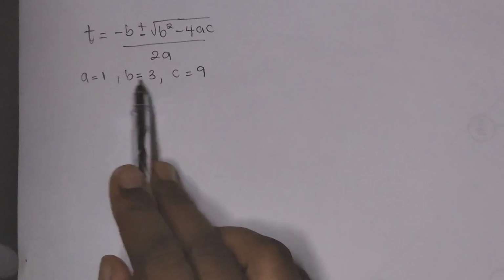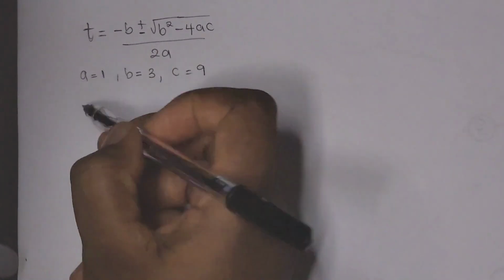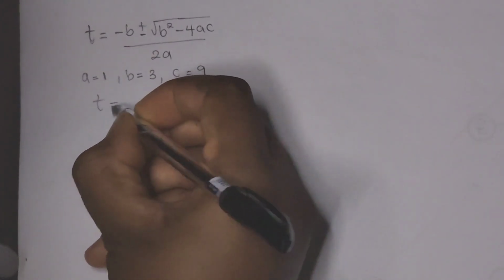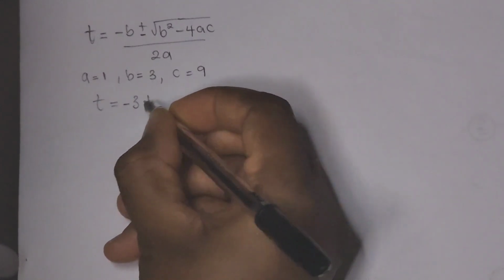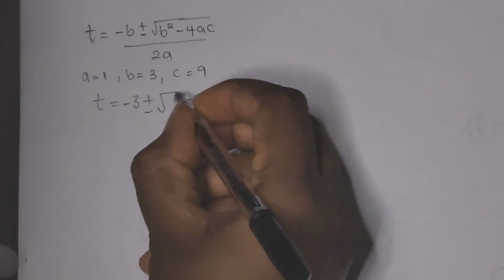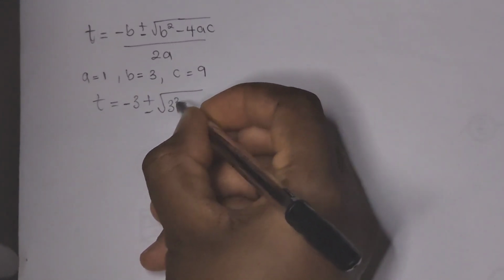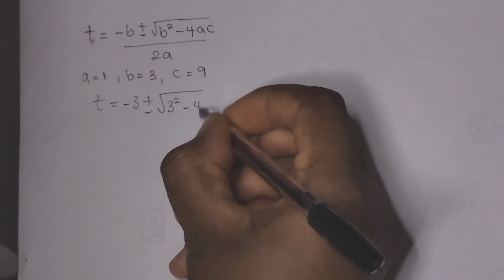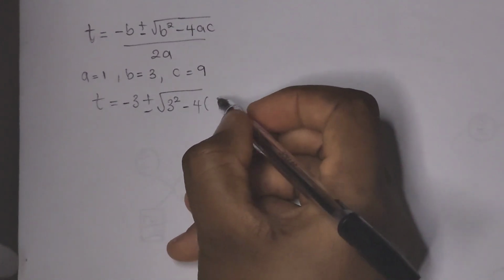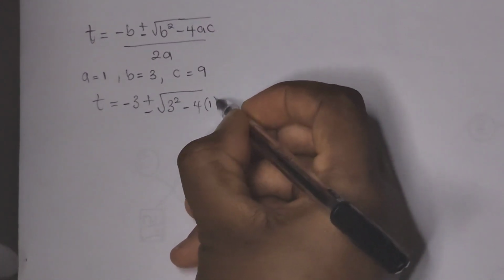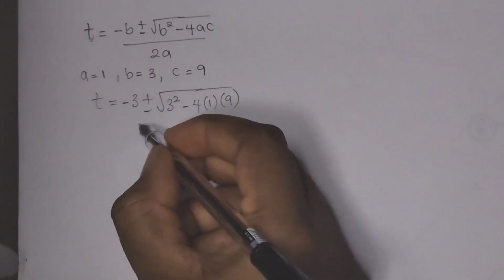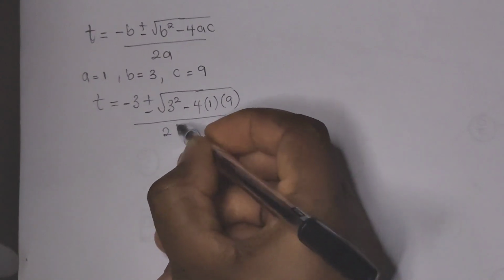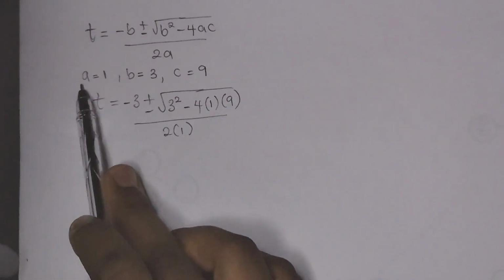So let's insert these figures into the formula. We'll now be having t equal to minus 3 plus or minus square root of 3 to the power of 2 minus 4, our a is 1 and our c is 9, all over 2 times 1.